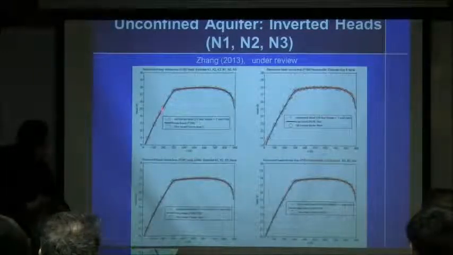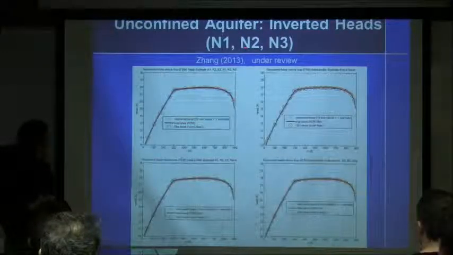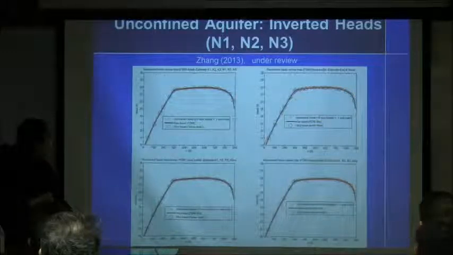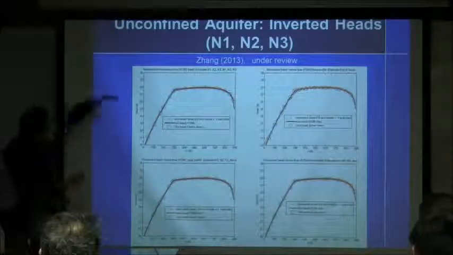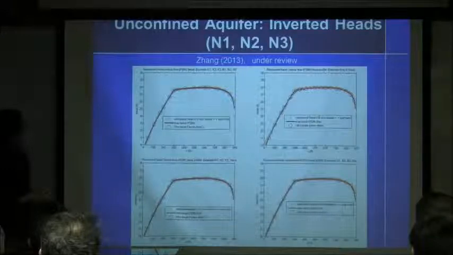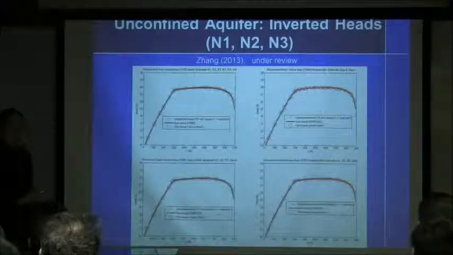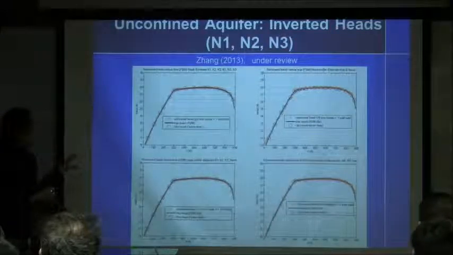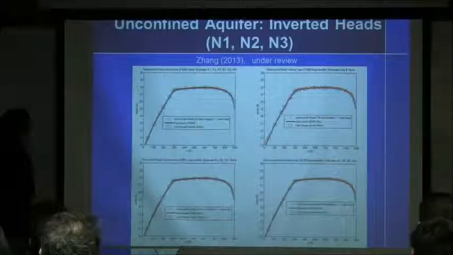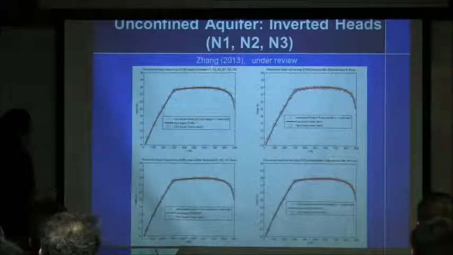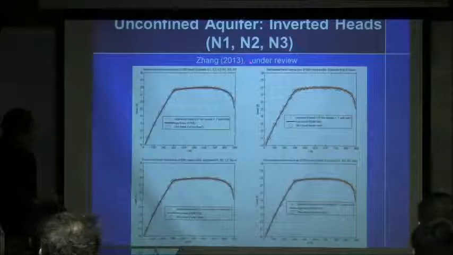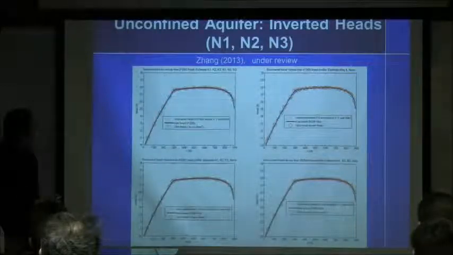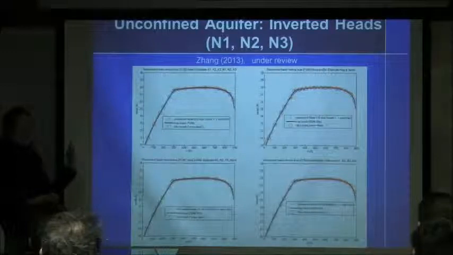This is a similar problem, but we have a strong recharge rate. So now recharge basically brings up the water table. Again, we can calculate equivalent parameters. In this case, we calculate K1, K2, K3, N1, N2, N3. In this case, we calculate a single equivalent K and a single average N. So we don't know the patterns.